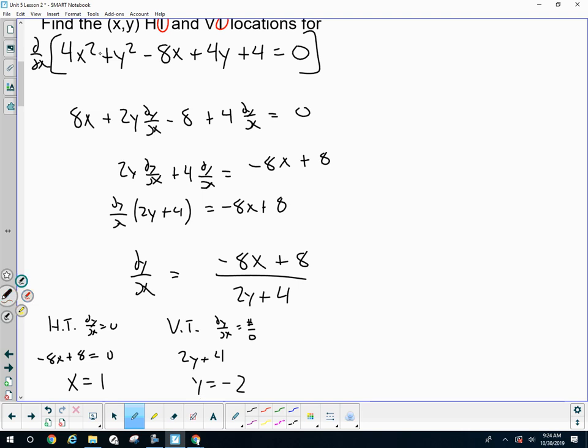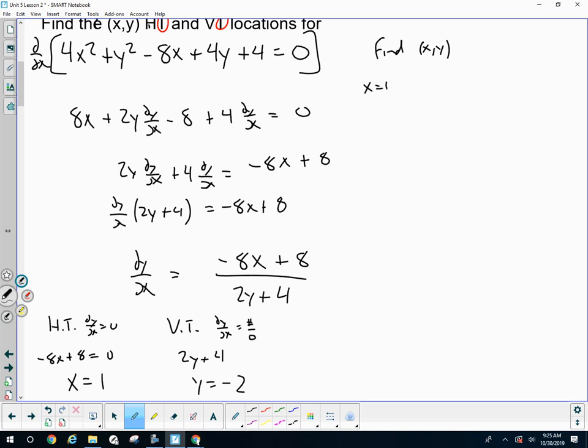But they want, and this is part of reading the directions, the xy coordinates of the horizontal and vertical tangents. So I need to find the y locations when x is 1. I'll need to find the x locations when y is negative 2. So let's go ahead and find these xy's.